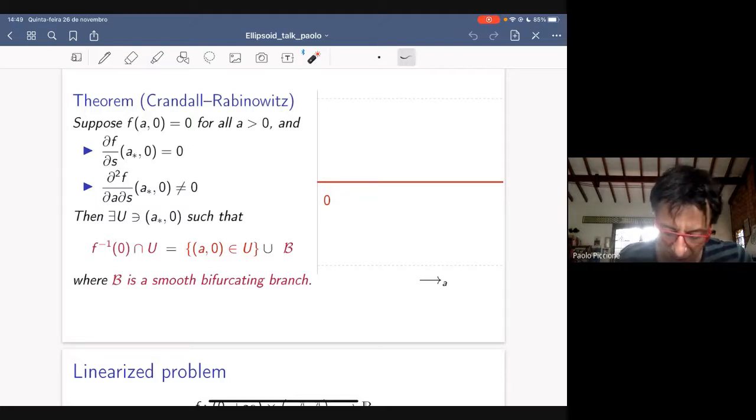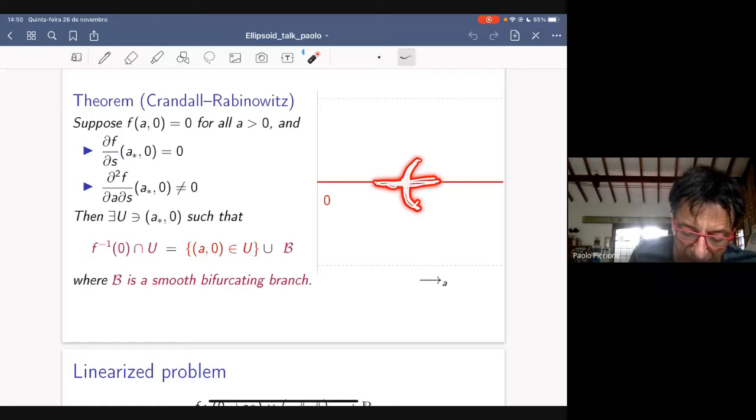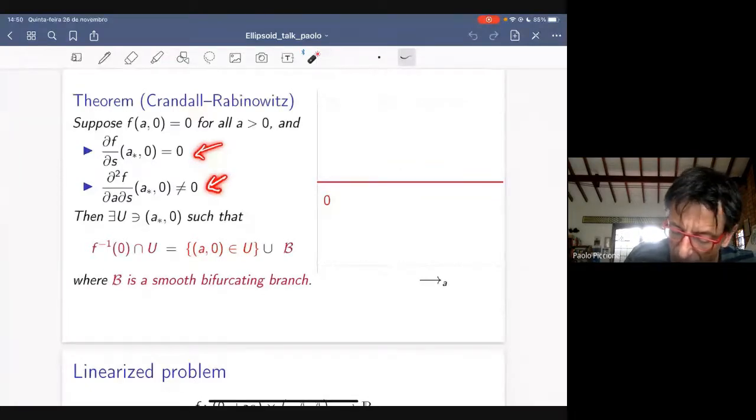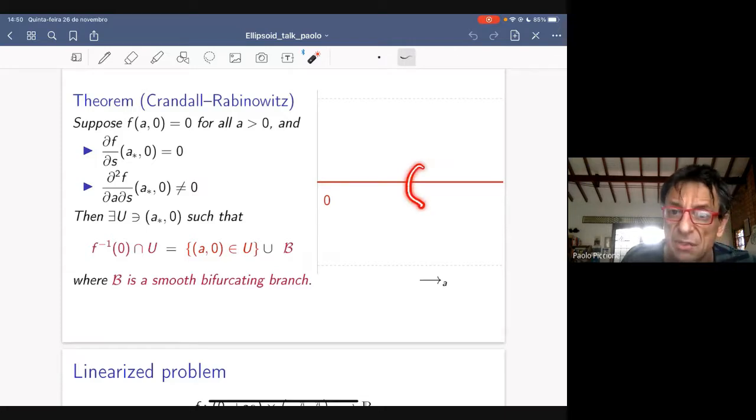Then, if this is A star, the set of solutions of the equation near this point consists of the trivial branch, plus another smooth curve that intersects transversally this trivial branch, okay? So every time you satisfy these two assumptions, you have a local bifurcation branch for your problem, okay?